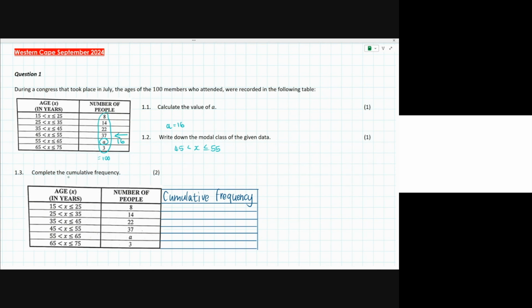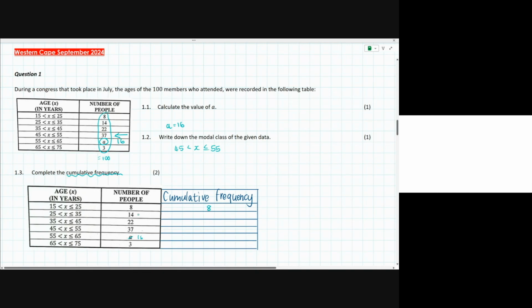1.3 asked us to complete the cumulative frequency. Now, obviously, I've drawn it beautifully here in the table. You get an answer book for paper 2, and so there will be a little table there. You just fill in the missing cells. So cumulative frequency, remember, it is the accumulation of your frequency. Essentially the first frequency remains 8, but now our next frequency must accumulate.